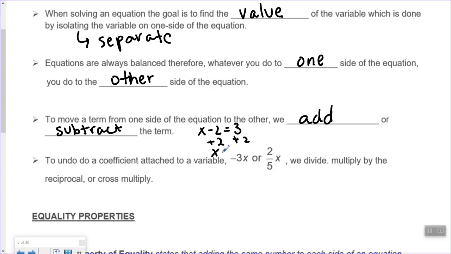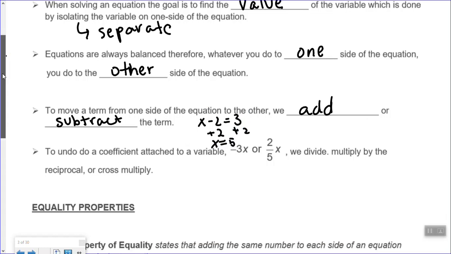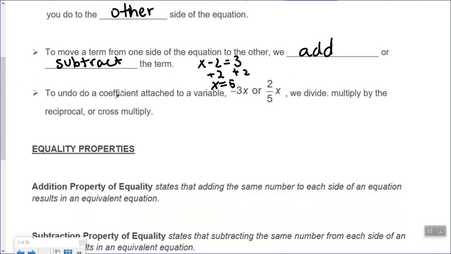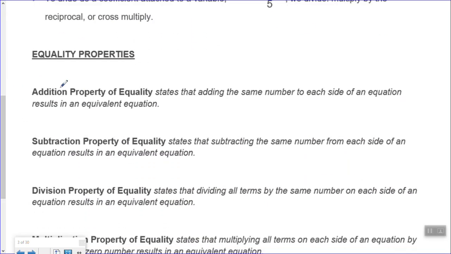So x equals 5. So we are moving the term. And to undo a coefficient attached to a variable, so negative 3, 2 over 5, these are coefficients, we divide and multiply by the reciprocal or cross multiply. So these are equality properties.